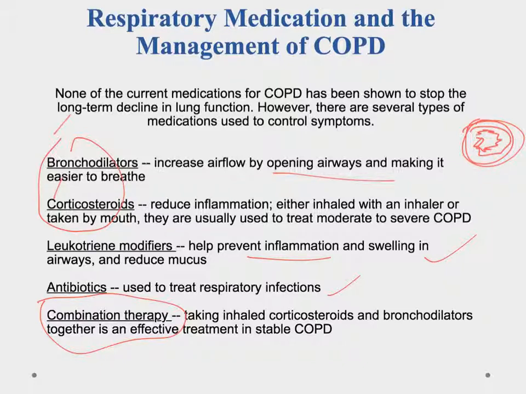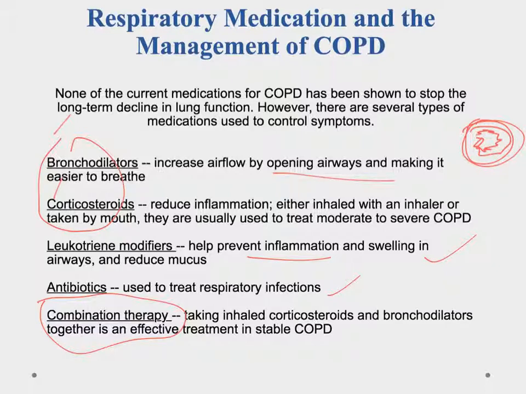The important thing to understand, like I said when I was talking about the inhalers with asthma, is that a patient has to be able to use an inhaler properly, and they have to be educated on how to use it so that it's effective. Another thing about the inhaled steroids. Remember talking about steroids, they decrease inflammation, and also by doing that, they decrease the immune response.